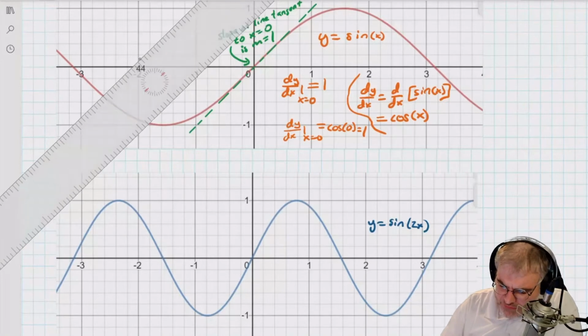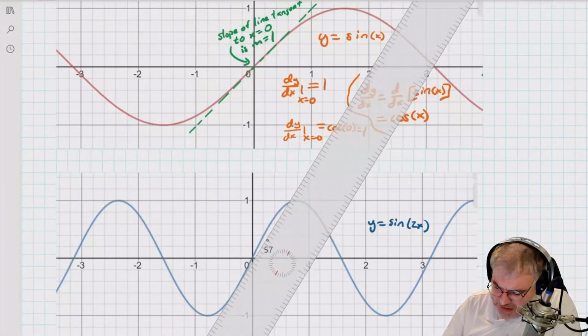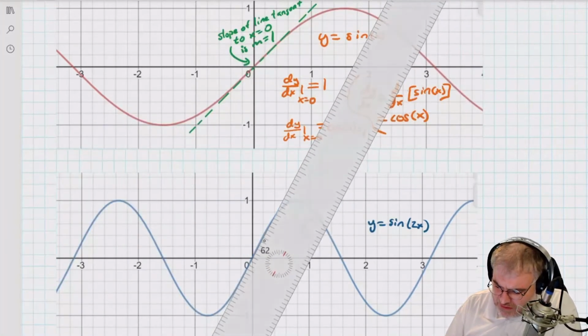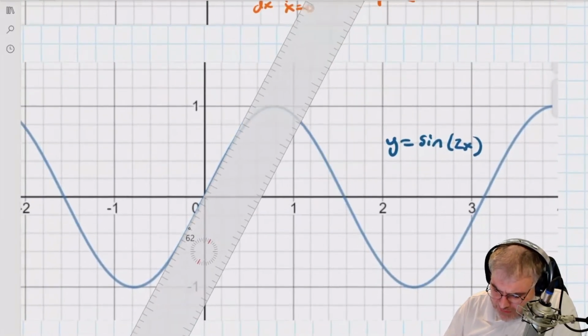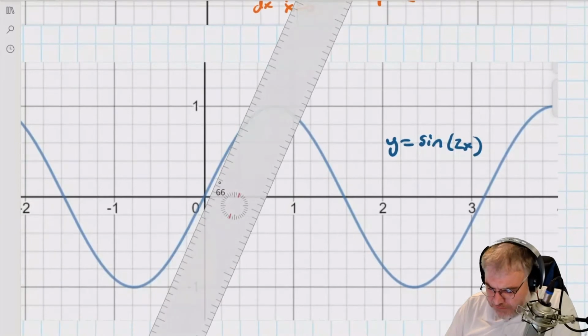Now, let's look at what happens if we do sine of 2x. If we do the same thing, what is the slope of the tangent line at 0? We actually wind up with a very different answer. Well, it's not that different.